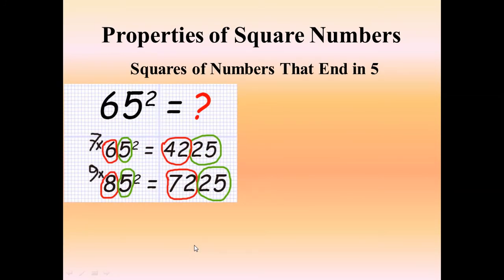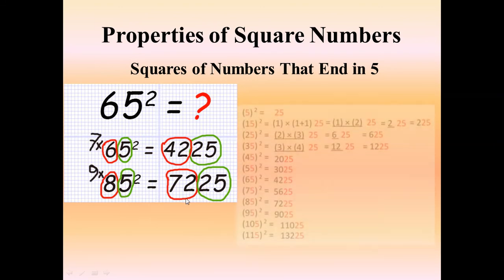Let's see one more example, like 65 square or 85 square. So this green part you can see will remain the same for both. Only the red part will change, and how it will change: this 6 will increase by 1, it becomes 7. So it is 7 into 6, that is 42. Then 8 is increased by 1, so it is 9 into 8, that is 72.